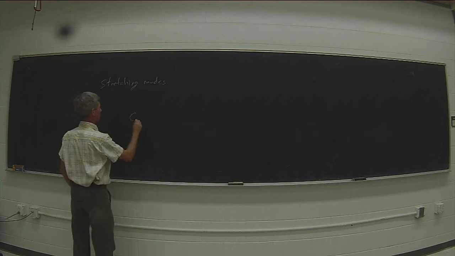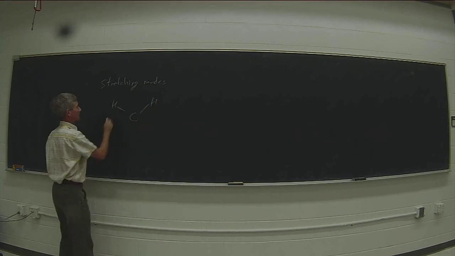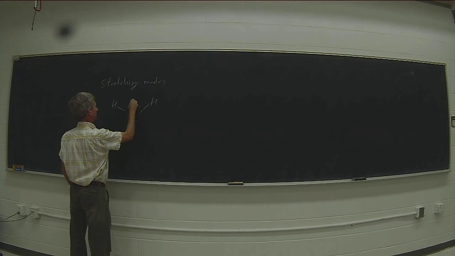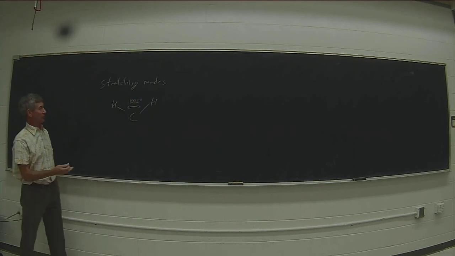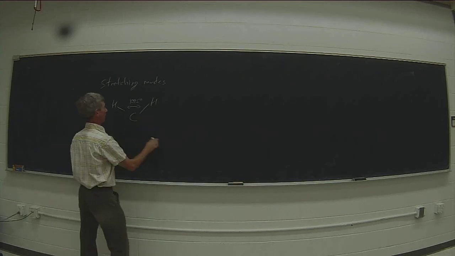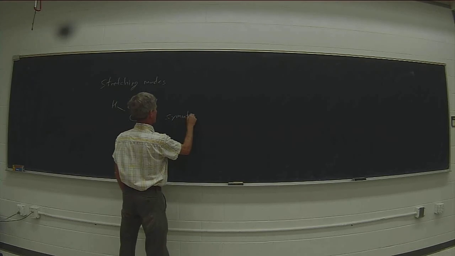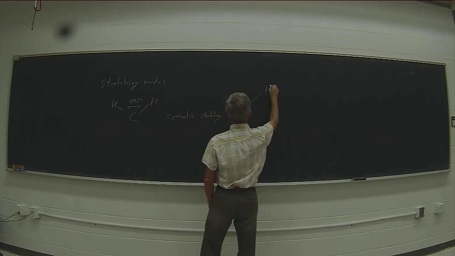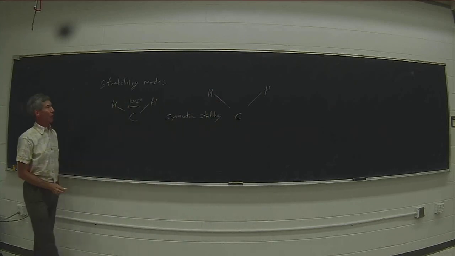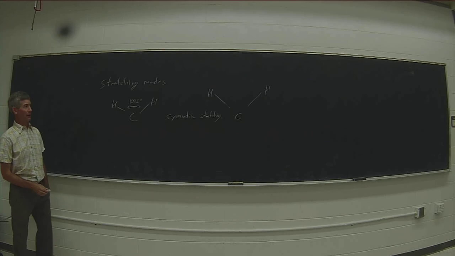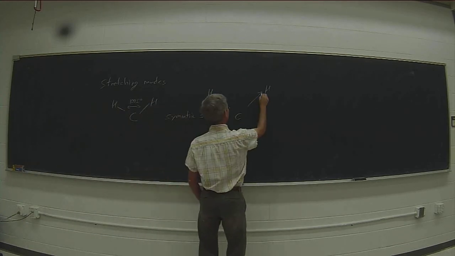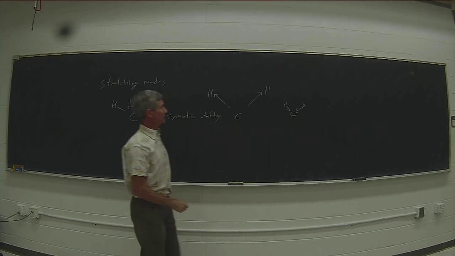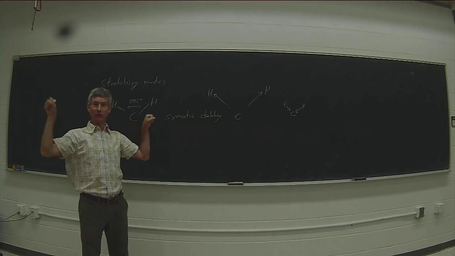For a three-atom system like a CH2 group, where you have a bond angle that's not 180 degrees, might be 109.5 degrees if this is your typical CH2 group, we can identify a symmetric stretching, which would have both of the carbon-hydrogen bonds lengthening and contracting in phase, like this. That's a symmetric stretching.